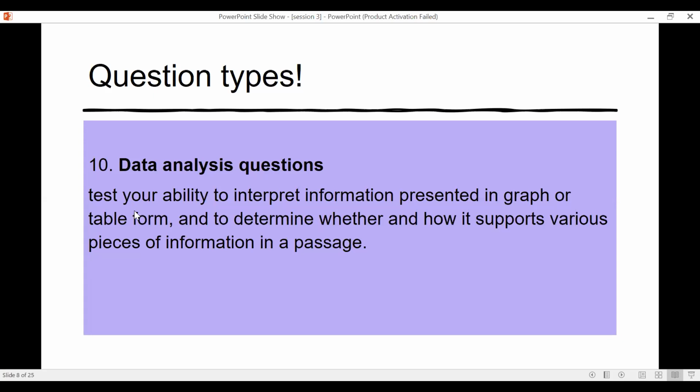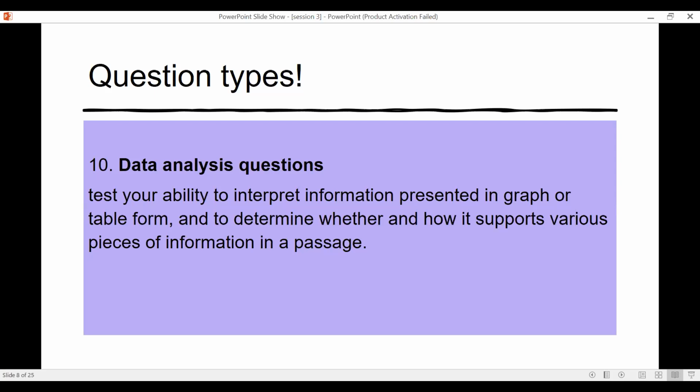The last type of questions is the data analysis questions. This is how Erica refers to them, or the graph questions. The graph questions test your ability to interpret information presented in graph or table form and to determine whether and how it supports various pieces of information in a passage. How to interpret certain information presented in a graph to support the main idea of the passage.